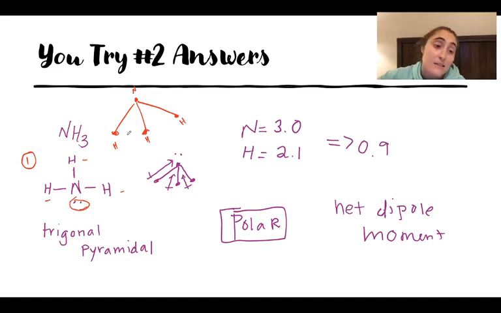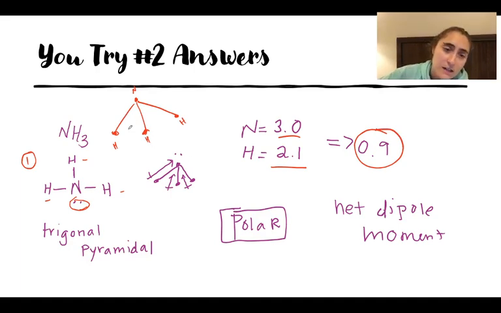Now in this case, we have nitrogen with a 3.0 electronegativity and hydrogen with a 2.1. So this has 0.9 as its difference in electronegativity. This means that there are going to be dipole moments. The dipole moment is going to favor the nitrogen, so they're going to move towards the nitrogen.